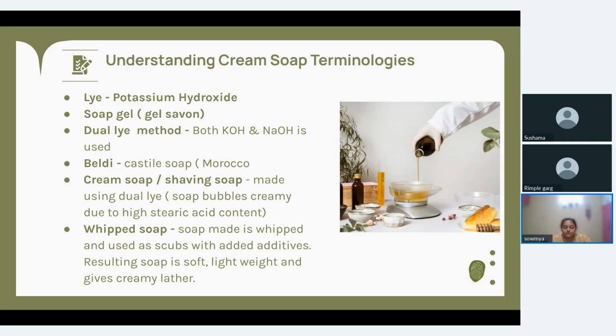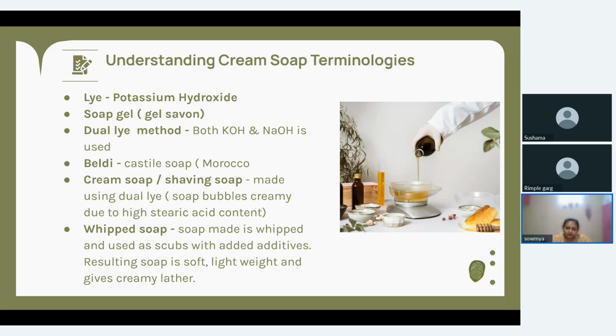The more you whip your soap, the more it is going to double in volume, and it will look nice, white, thick and creamy, just like the frosting people make for their cakes. It will be of the same consistency, just that you have whipped your soap by introducing a lot of air in it.